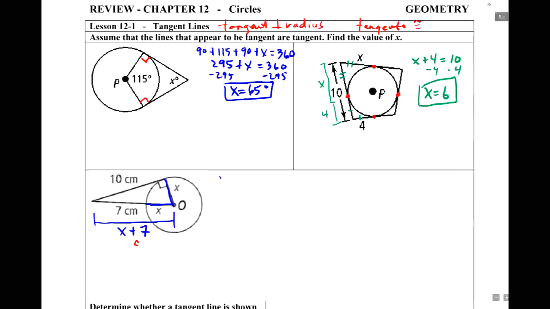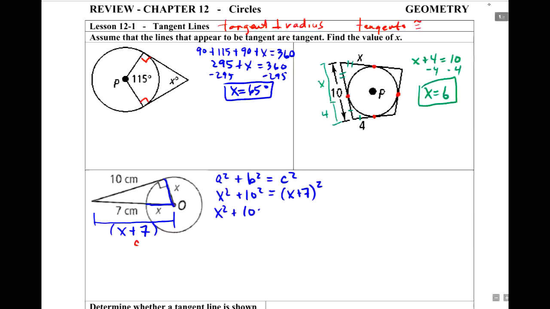So I am going to use a squared plus b squared equals c squared. That's going to give me x squared plus 10 squared equals, this side is the length x plus 7. I am squaring that entire length. So I have a binomial squared here.